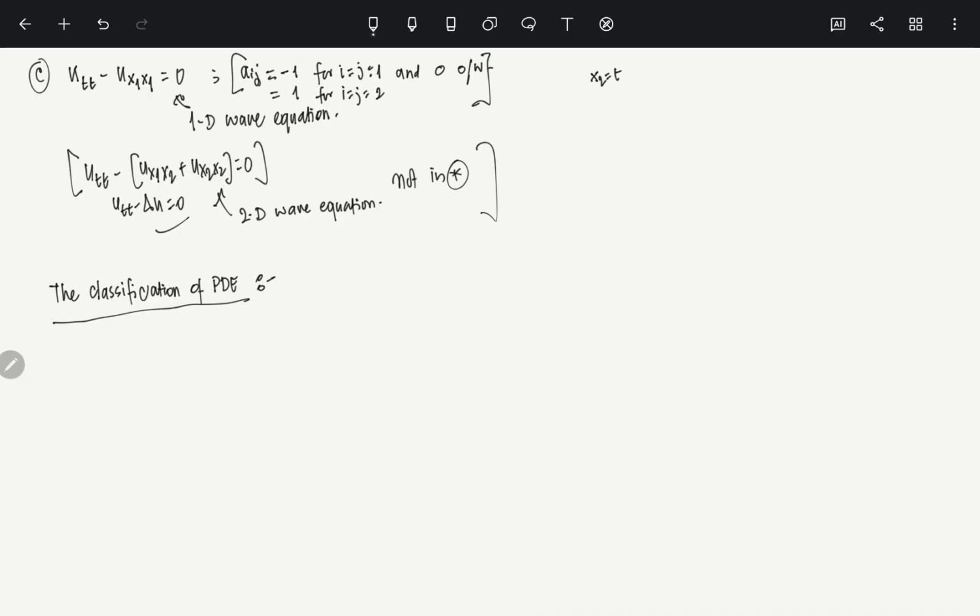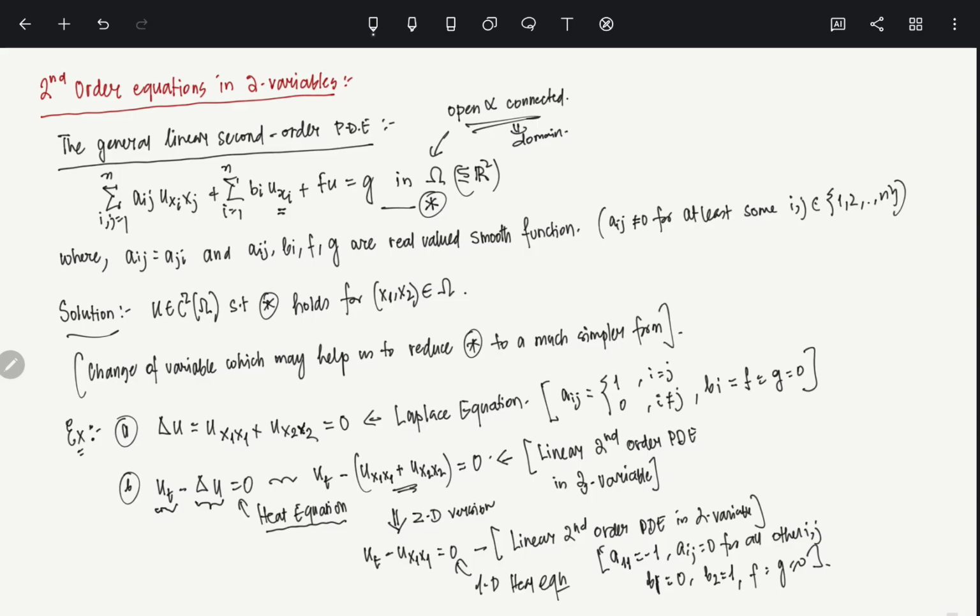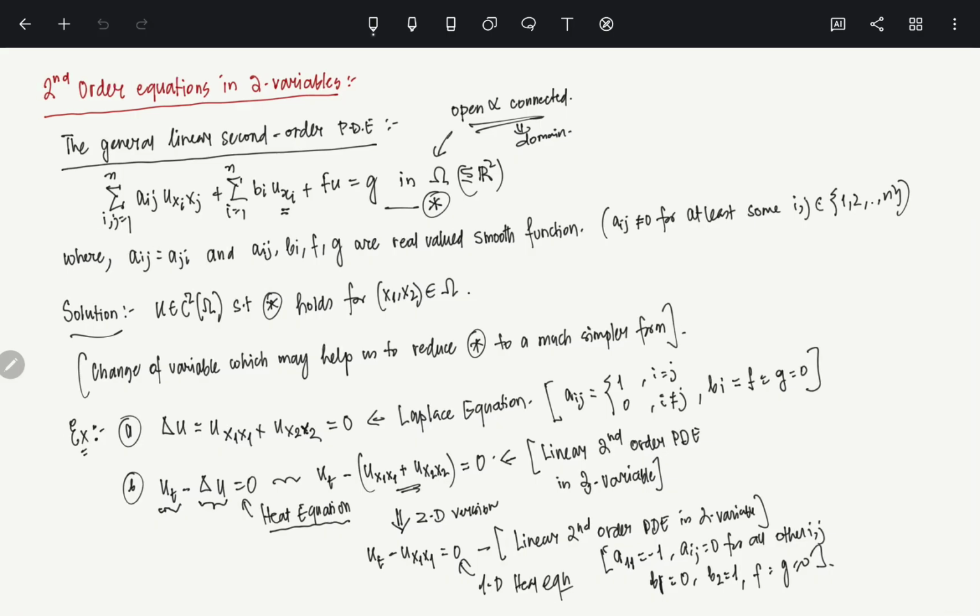Let's say you remember your conic sections. We are going to use the same sort of idea as for conic sections, and classify this form, this star, in that form.